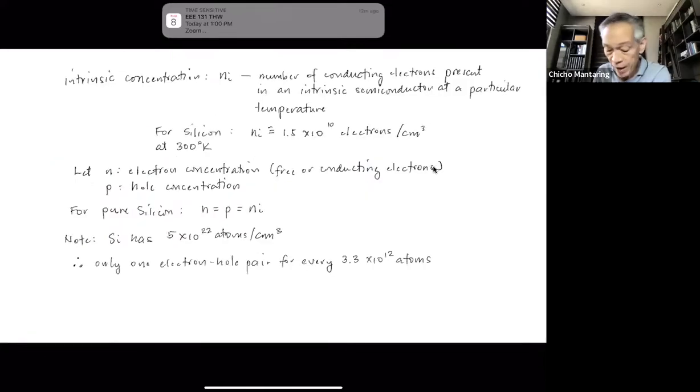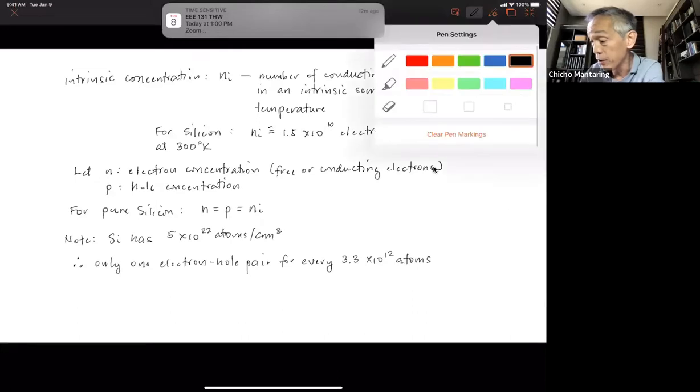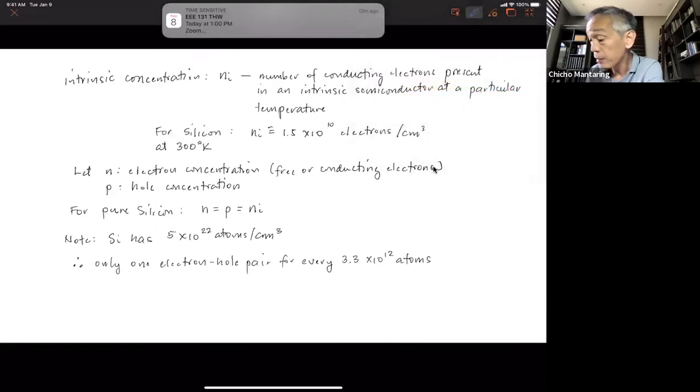And then I define the term intrinsic concentration. Intrinsic concentration is the number of conducting electrons present in an intrinsic semiconductor at a particular temperature. And for silicon, the value of your intrinsic concentration is 1.5 times 10 to the 10 electrons. This is an approximate value. 1.5 times 10 to the 10 electrons per centimeter cube.